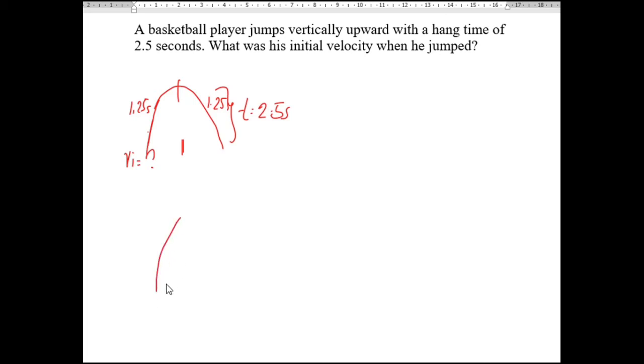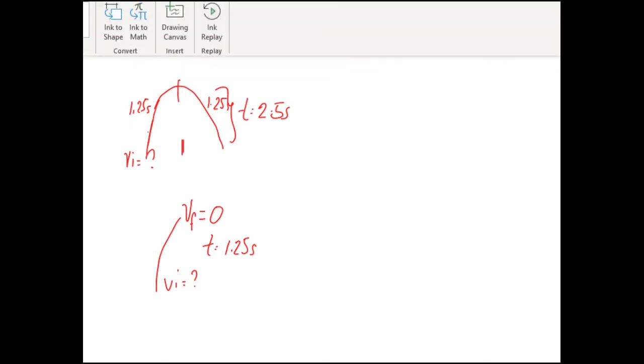We have here, Vi is unknown. What is the velocity on top? Okay, what goes up must come down. So the velocity on top here, the final velocity, is equal to 0. Then the time, the half of the hang time, is equal to 1.25 seconds.